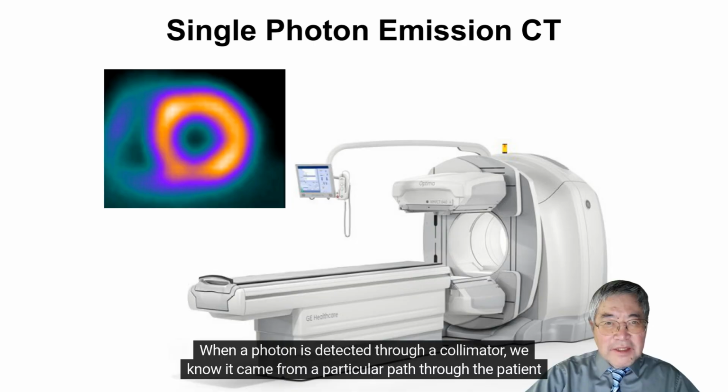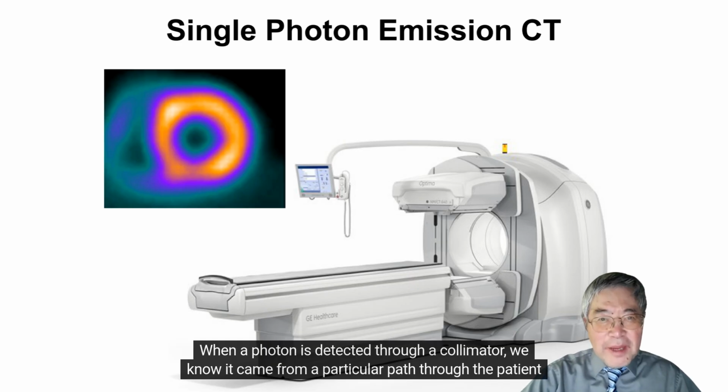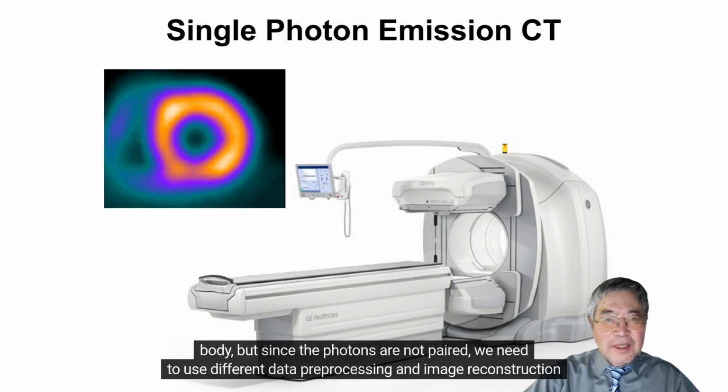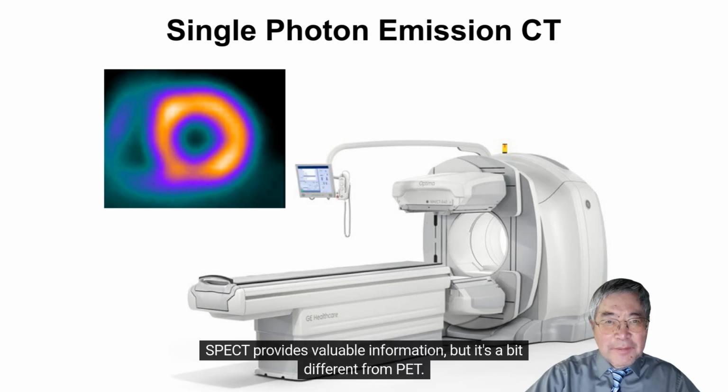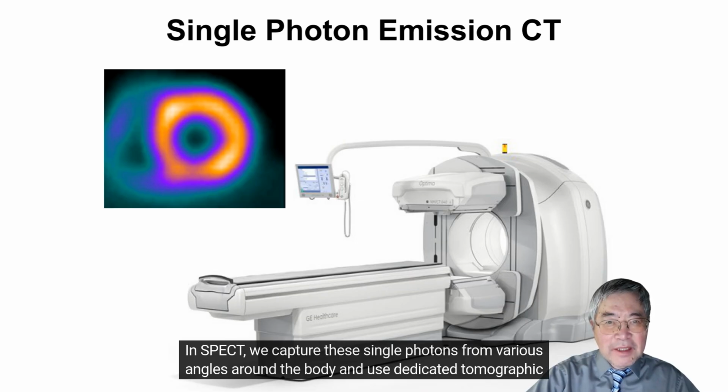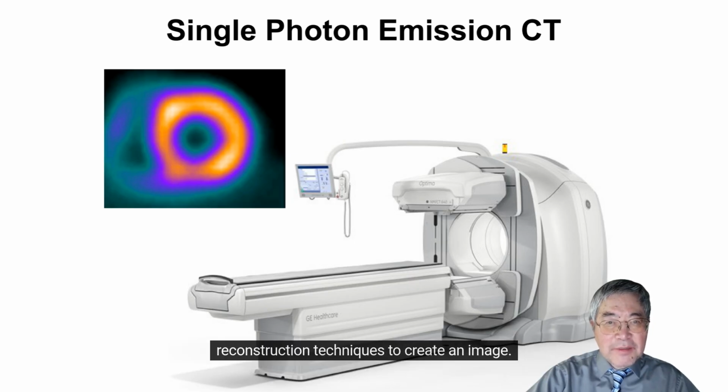When a photon is detected through a collimator, we know it came from a particular path through the patient's body. But since the photons are not paired, we need to use different data pre-processing and image reconstruction methods. SPECT provides valuable information, but it's a bit different from PET. In SPECT, we capture these single photons from various angles around the body and use dedicated tomographic reconstruction techniques to create an image.